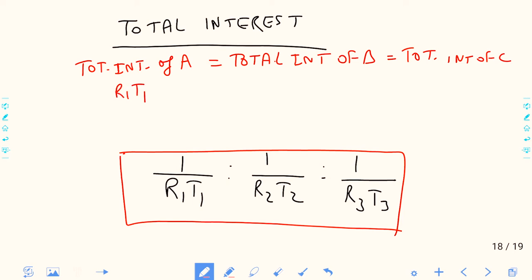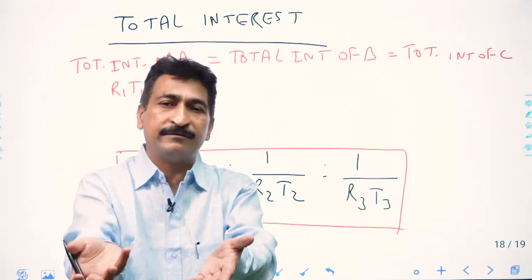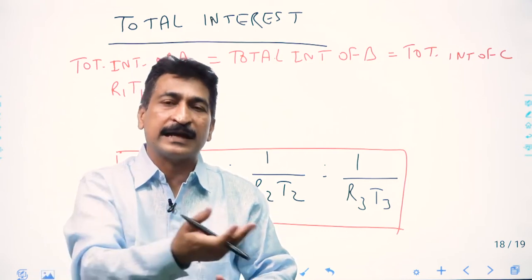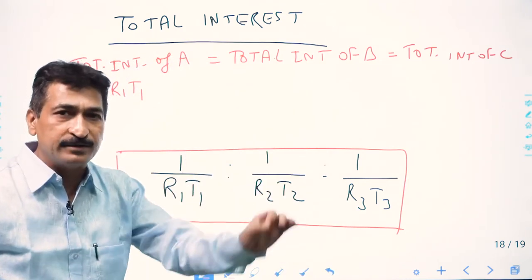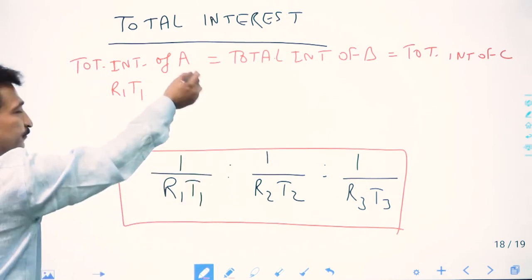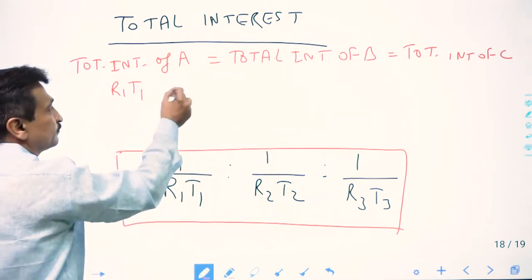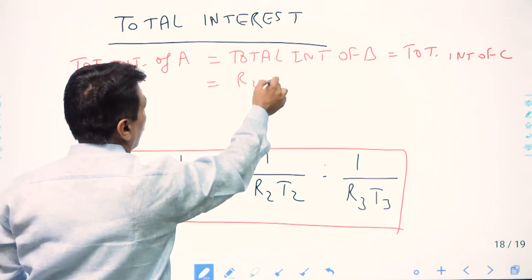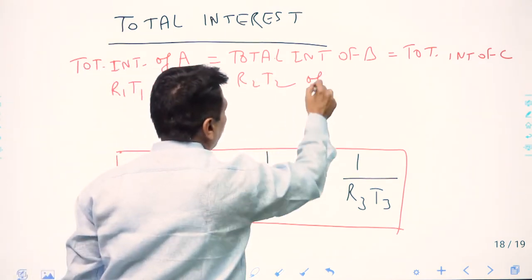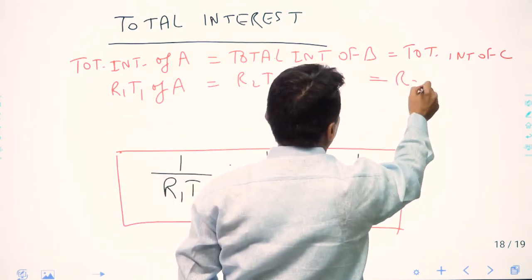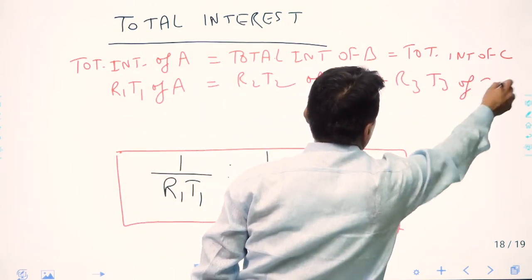R1 T1 of A. How do you levy interest? Interest is calculated on principal. Suppose when I say A, I mean the money given to A. So R1 T1 of the principal given to A, R2 T2 of the principal given to B, and R3 T3 of C.